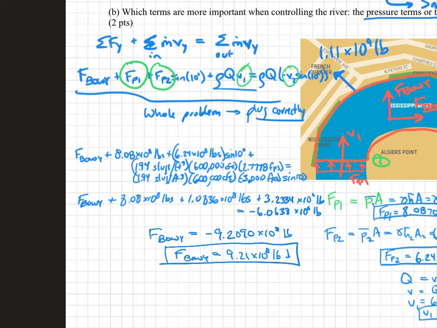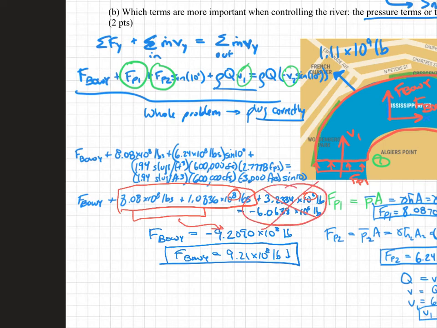Now, notice that the order of magnitude is not even close. These 8s mean 100 times bigger than these 6s. So the pressure terms clearly are dominant. So much so that if we just added these two up, you basically get this. We could almost ignore this. That's pretty crazy.